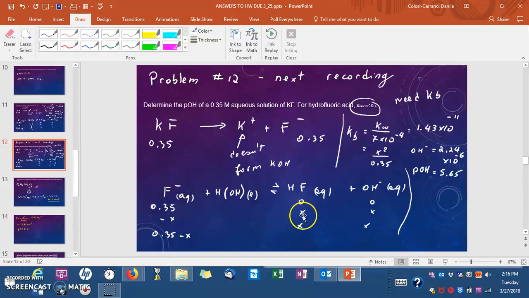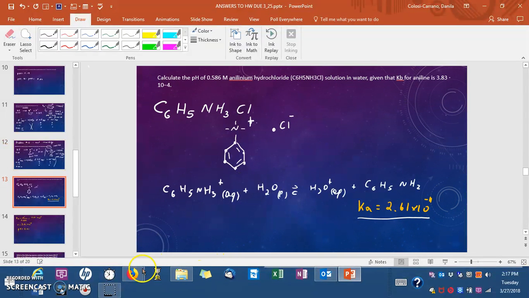So if X is the amount of HF, then X is also the amount of OH floating around, freed from the H, because the H are busy with the F forming the acid. So there are some OHs that are just increasing the pOH in water. So at that point, you just calculate your Kb because that's what you need to do the calculation. This is the amount of OHs, therefore you calculate your pOH because that's the one the problem is asking.